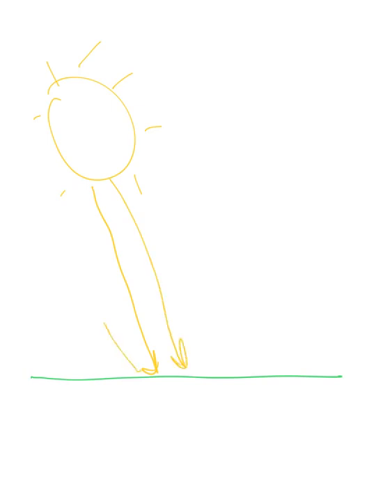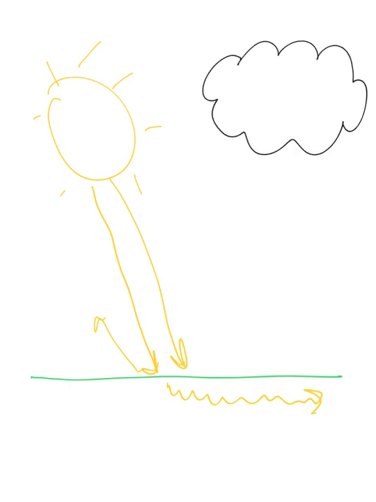Some of it's reflected, and some of it is absorbed, heating up the ground. And we also know from before we need clouds to get hail. So we have the ground heating up and we have clouds.